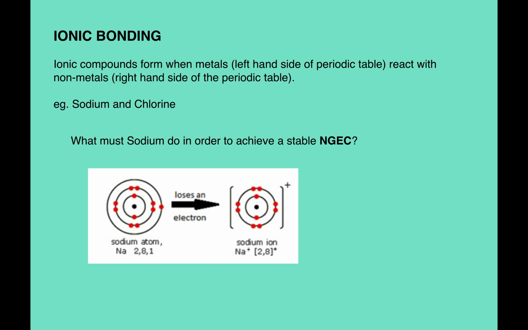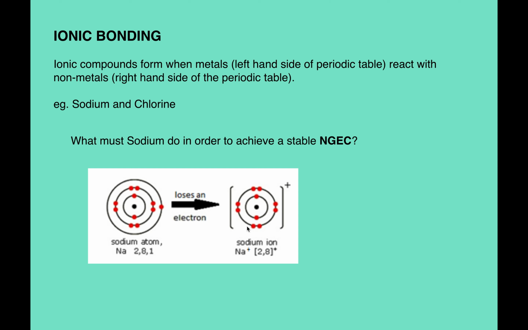Let's look at a sodium atom. A sodium atom has 1 electron in the outer shell, and what it does, in order to achieve a noble gas electronic configuration, is lose that electron, and it now has 8 electrons in its outer shell.